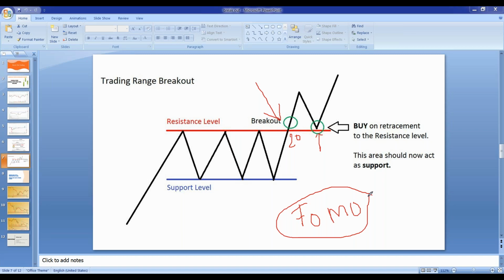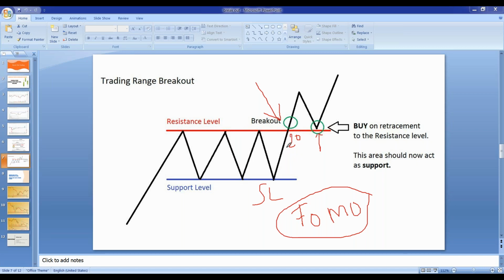Second point: Vinod is talking about SL. Stop loss is one of the most important things. Suppose in this image I have just drawn the line chart, so the stop loss will be below this support. But when we are doing live market trading, we have to look at where the stock has consolidated.